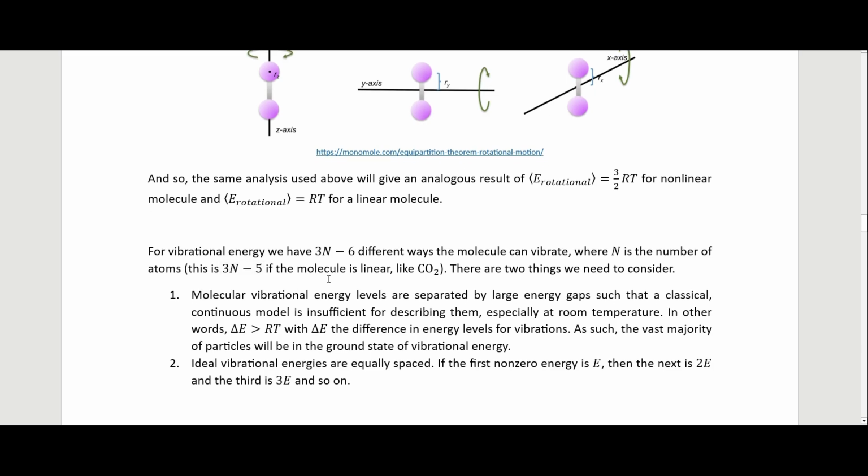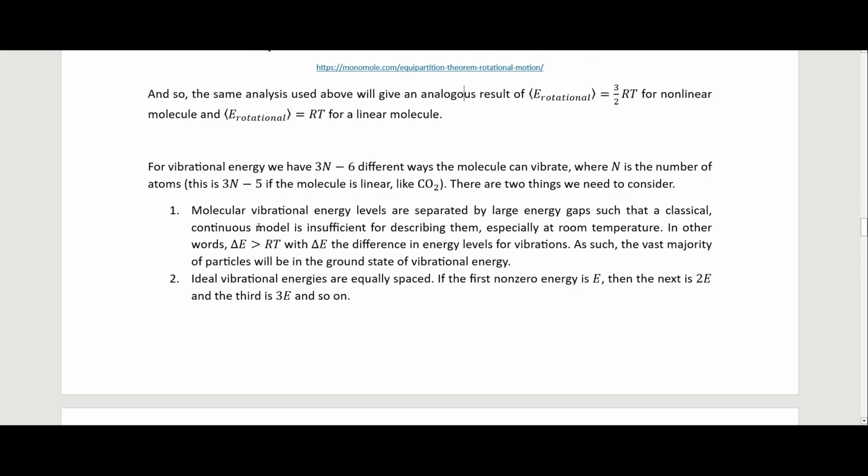For vibrational energy, we have 3n minus 6 different ways the molecule can vibrate, where n is the number of atoms. This is 3n minus 5 if the molecule is linear, so something like carbon dioxide. There are 2 things we need to consider here, though. Molecular vibrational energy levels are separated by large energy gaps, such that a classical continuous model is insufficient for describing them.